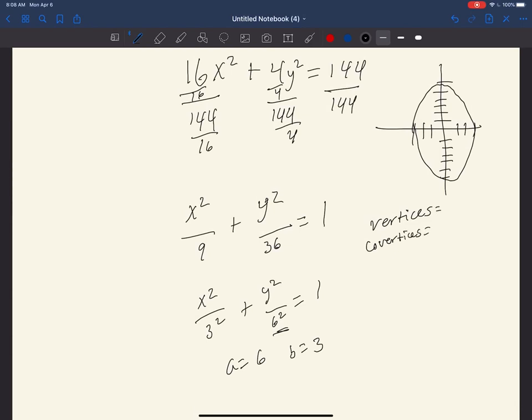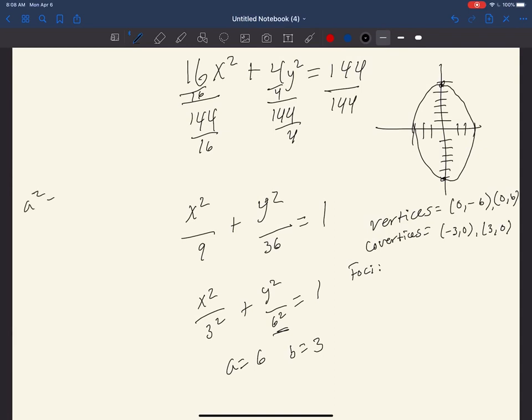So now your vertices are going to go up and down. So it will be 0, negative 6 and 0, 6. Your covertices, negative 3, 0 and 3, 0. So again, we're still looking for the foci. So in order for us to do that, remember your equation.